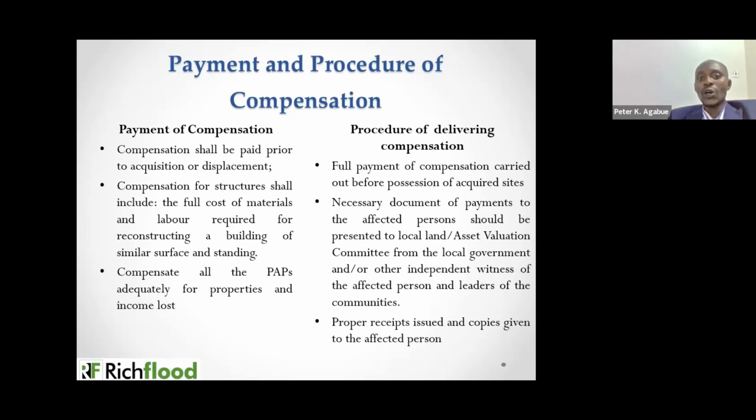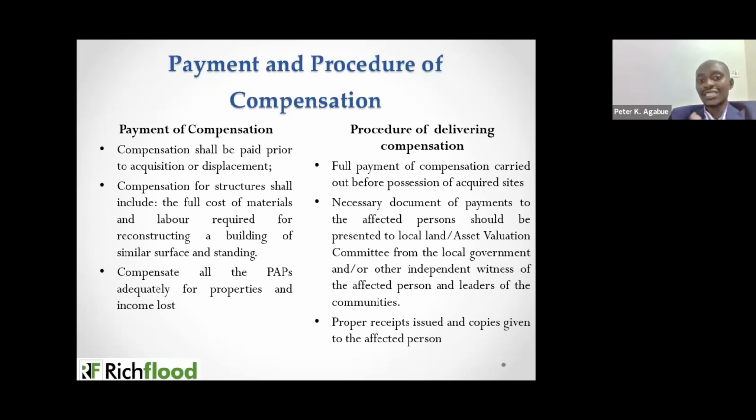Compensation should be paid prior to acquisition or displacement. And compensation for structures should include the full cost of materials and labor required for reconstructing a building, for instance, if it is a building or similar standing structure.